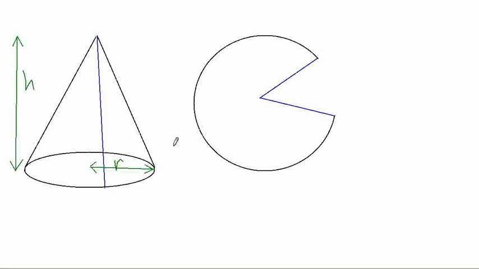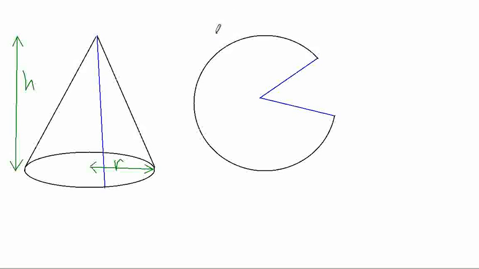All right, so the length of the black part on the Pac-Man shape is going to be the same length as the circumference of the base of the cone.